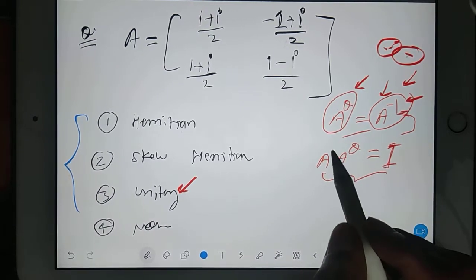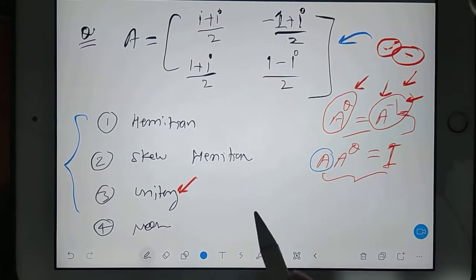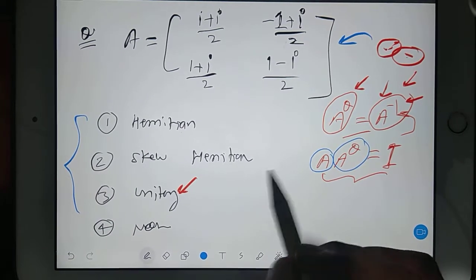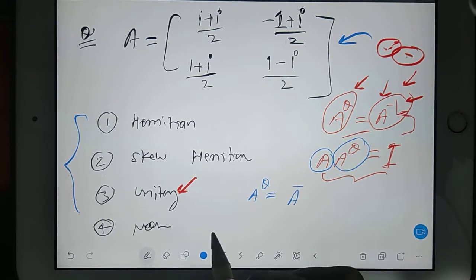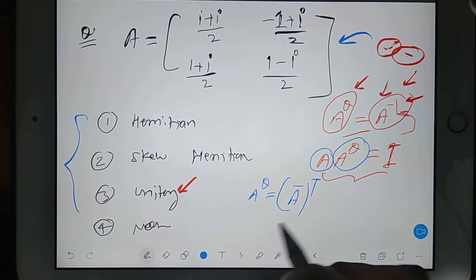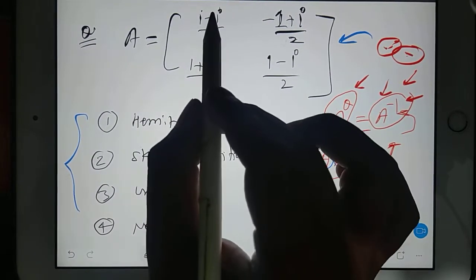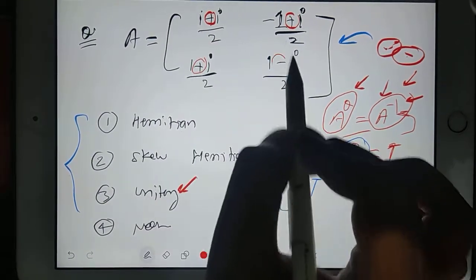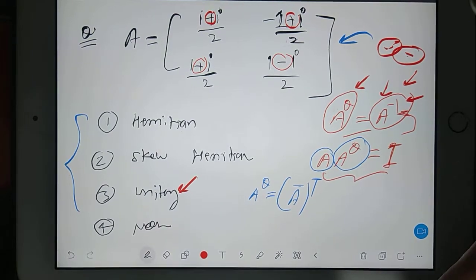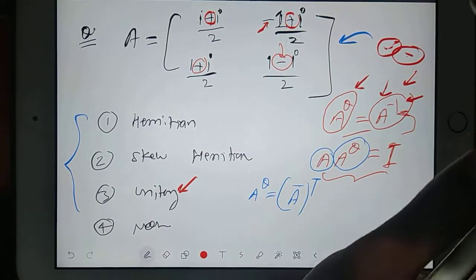First of all, what is your A value? The given value is your A value. What is your A power theta? First you have to find A power theta. How will you find A power theta? A power theta is nothing but, first you find the bar. Bar is nothing but conjugate, and then do the transpose. Okay. So conjugate means this sign you will change, and this sign you will change, all the signs you will change. One thing, here you have a minus sign and here you have a minus sign, keep in mind.